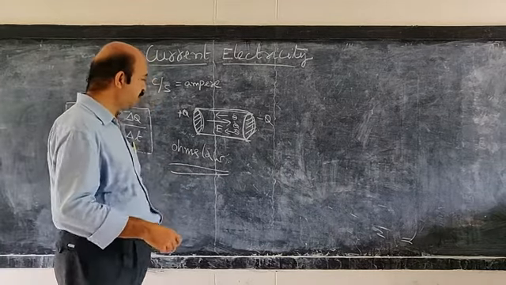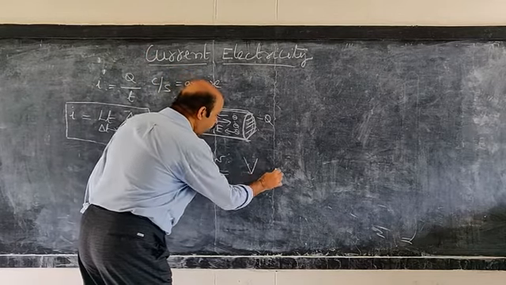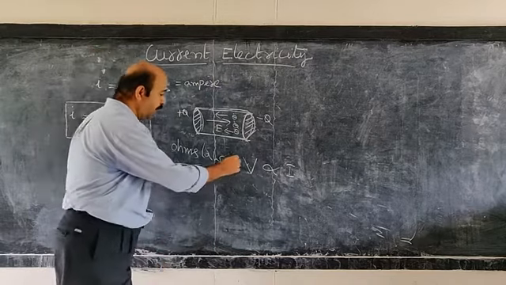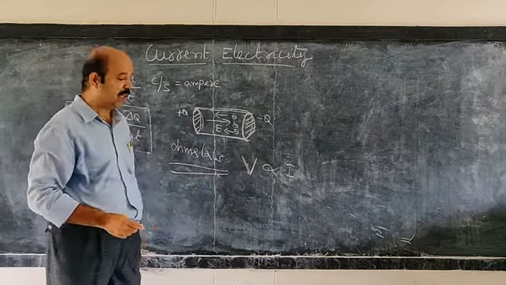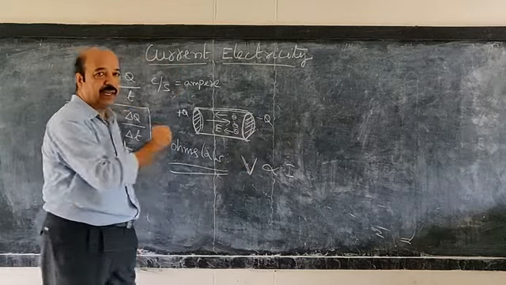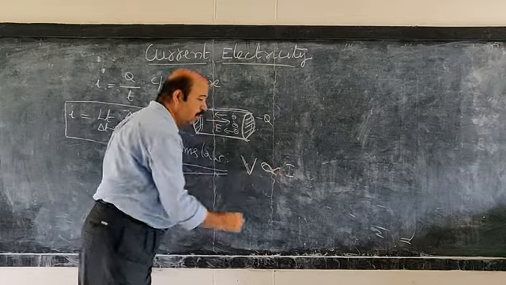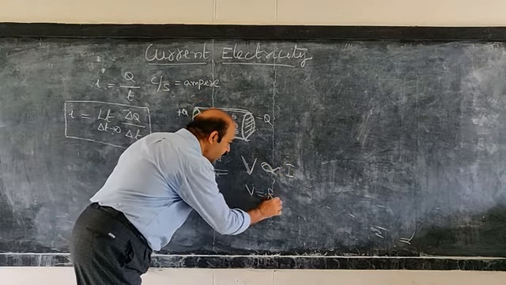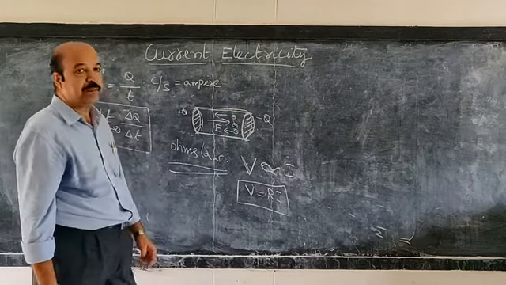So, according to this relation, the current flowing through a conductor bears a linear relation with the potential difference. Suppose V is the potential difference across the ends of a conductor and a current I passes through the conductor, then V is proportional to I. And you can write the equation in the form V equals R I, where R is a constant of proportionality.